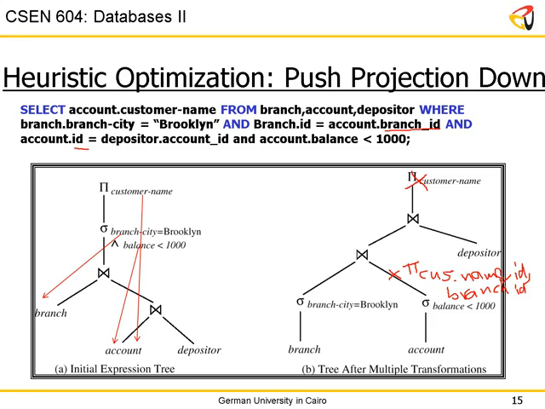You will project down from account, customer name, and branch ID. So the last node at the top is going to be a join operator, and the projection would have been done down in the tree, as I already mentioned.